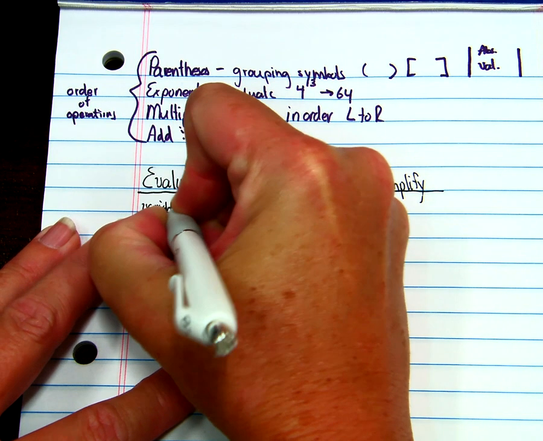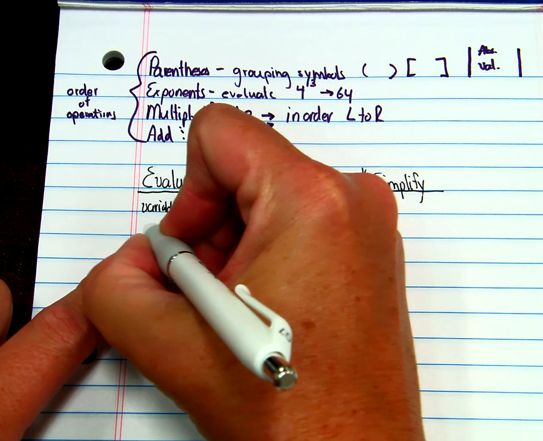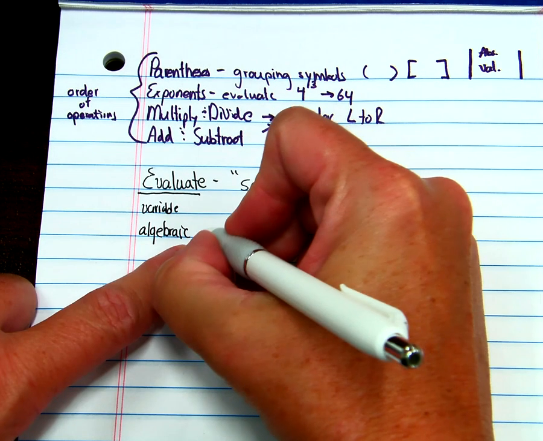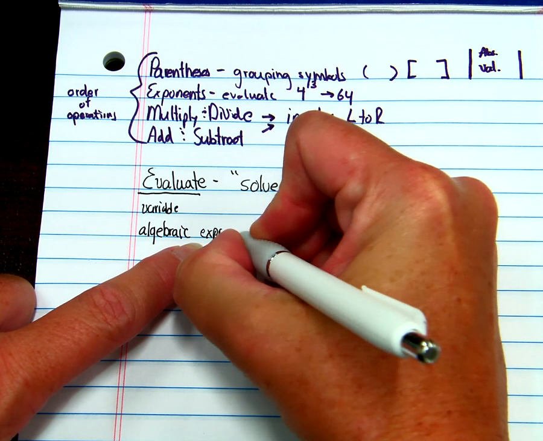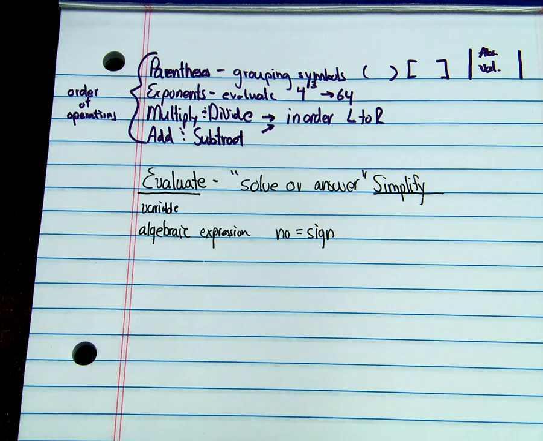So that's an important word. An algebraic expression is one that has no equal sign. Those are what we're talking about today. No equal sign. That would make it an equation. And then a term. I'm going to use the word term a lot. You're going to hear me say that.